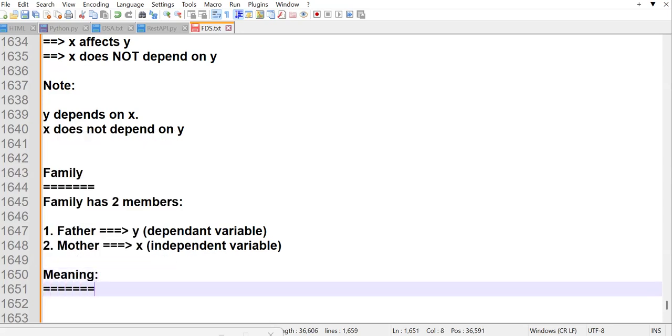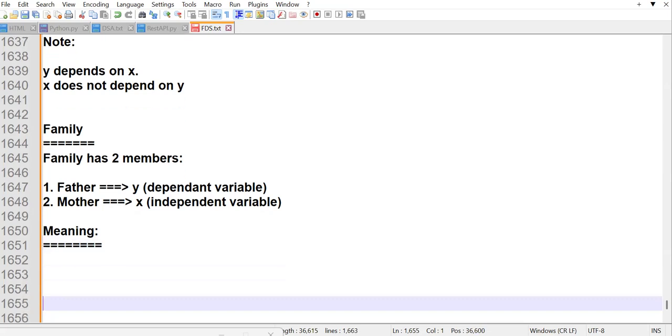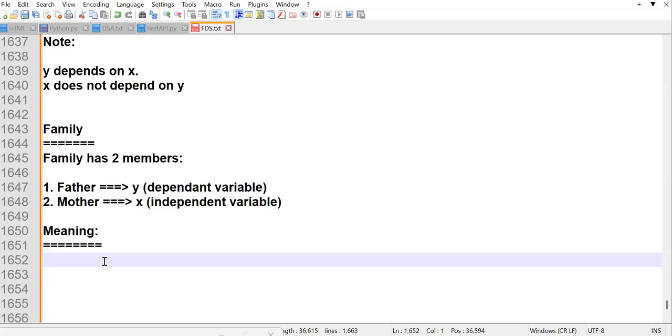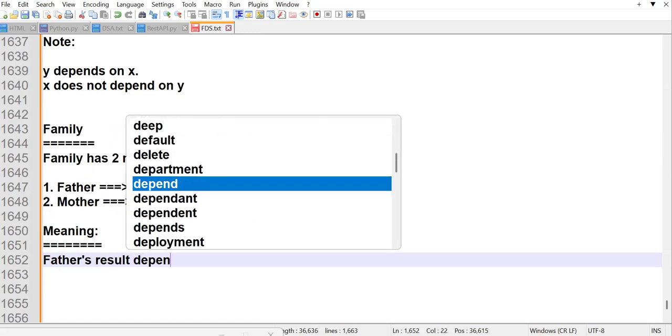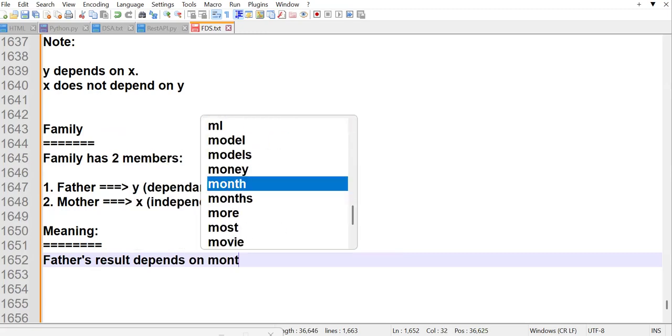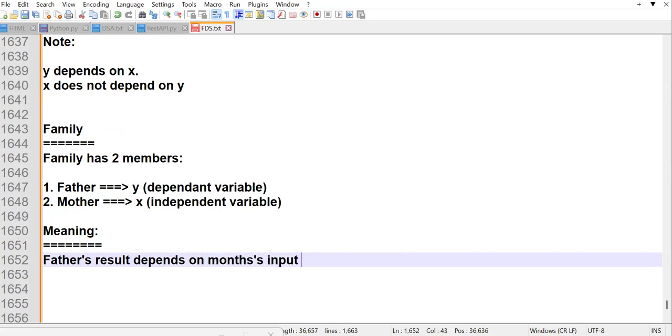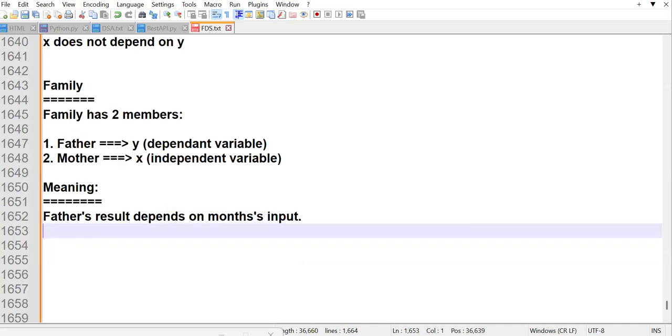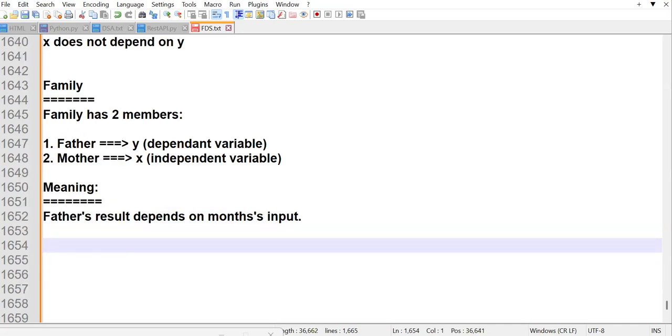What is the meaning of this example I have given to you? Meaning of this example is father's result depends on mother's input. All right. So we can say this is a simple example of linear regression.